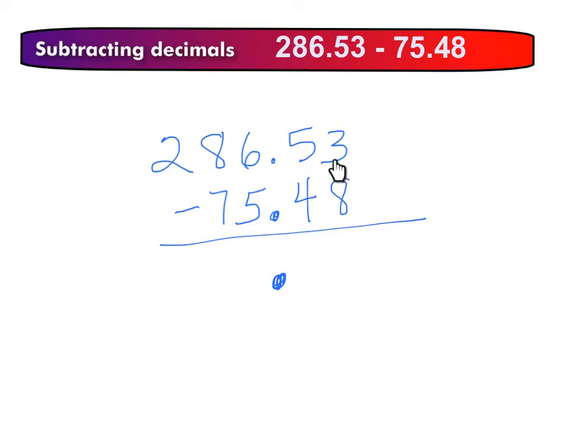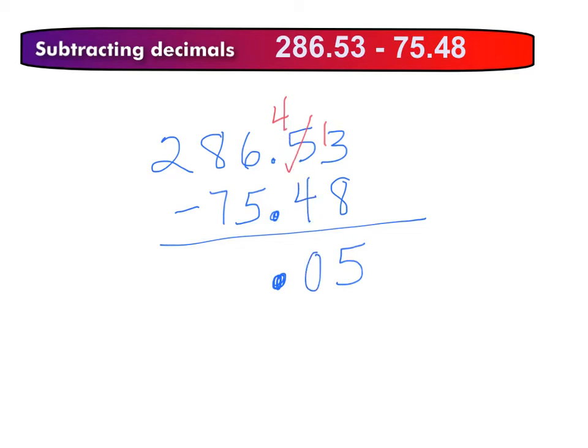Can you take 8 from 3? No, you can't, so that means you have to borrow from the 5. This becomes a 4. That's a 13. 13 minus 8 is actually 5. 4 minus 4 is 0.